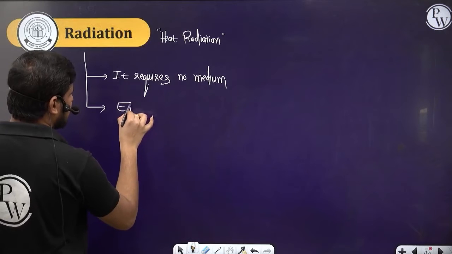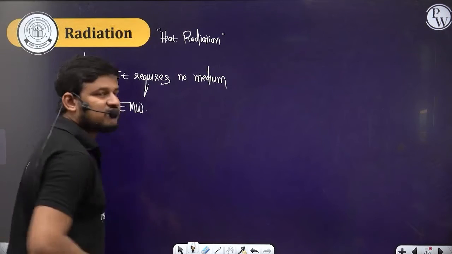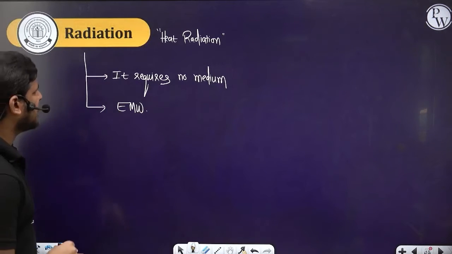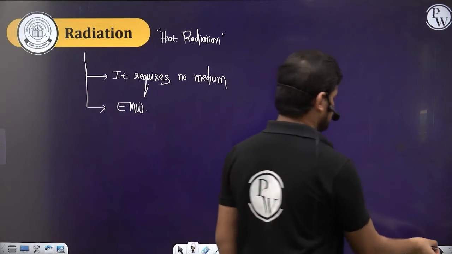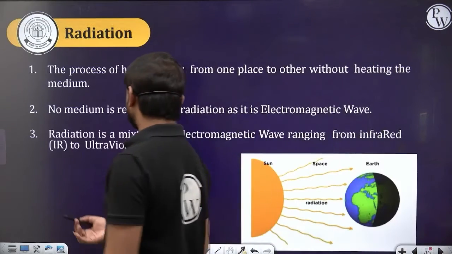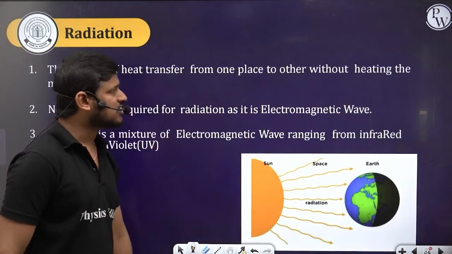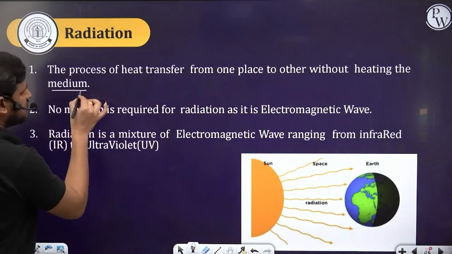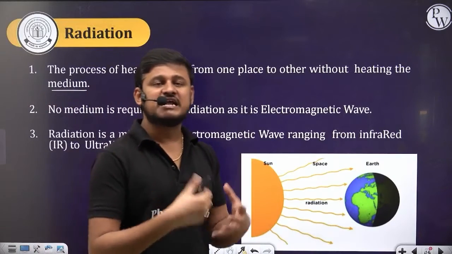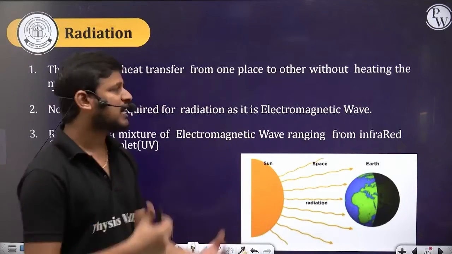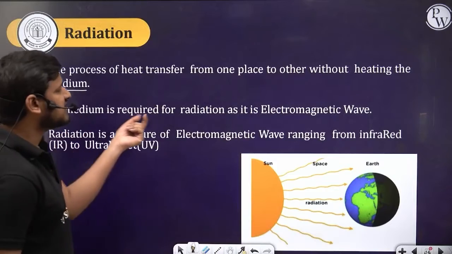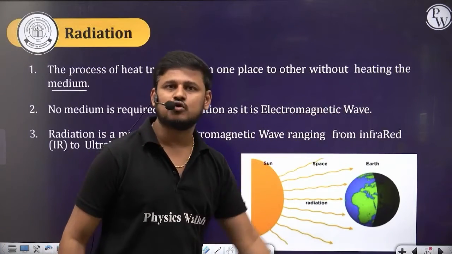As it is an electromagnetic wave, it does not require any medium. Let's go for the radiation concept. It's a process of heat transfer from one place to another without heating the medium.